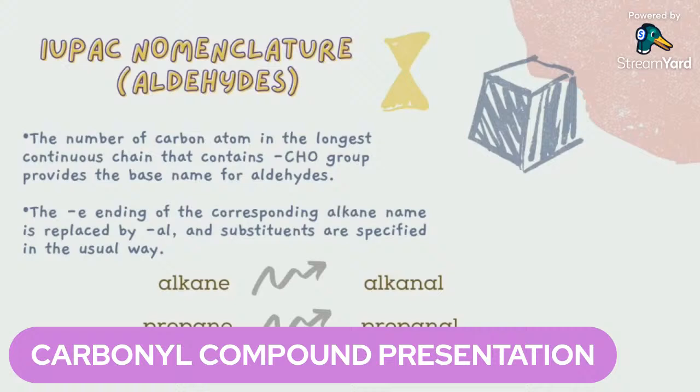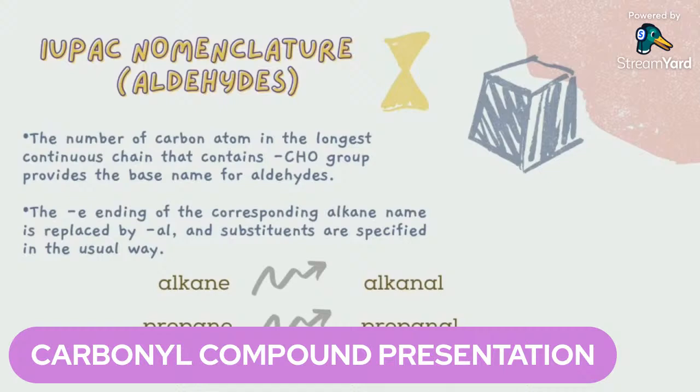The number of carbon atom in the longest continuous chain that contain the CHO group provides the base name for aldehyde. The E ending of the corresponding alkane name is replaced by al and substituents are specified in the usual way. For example, alkane will be alkanal and propane will be propanal.